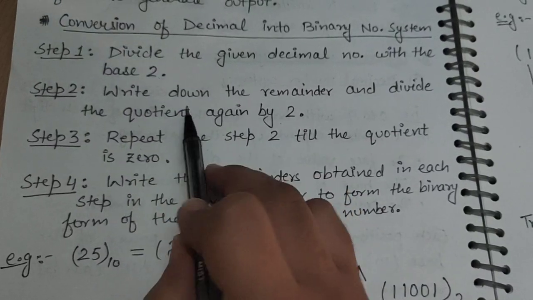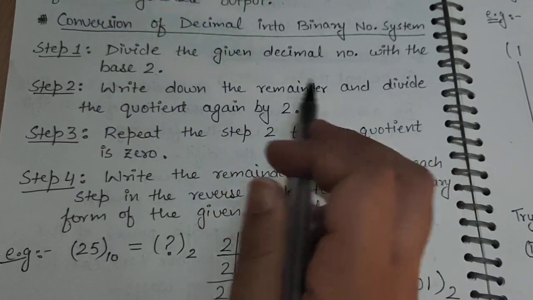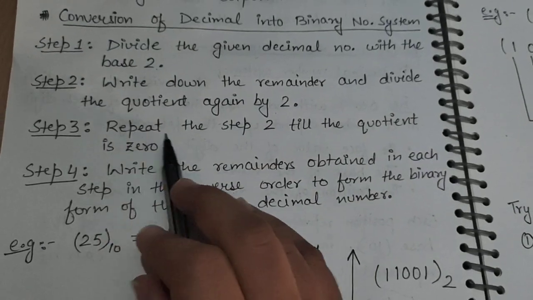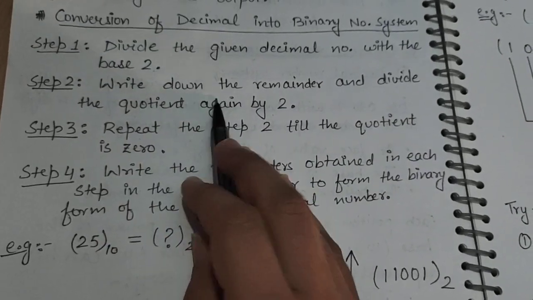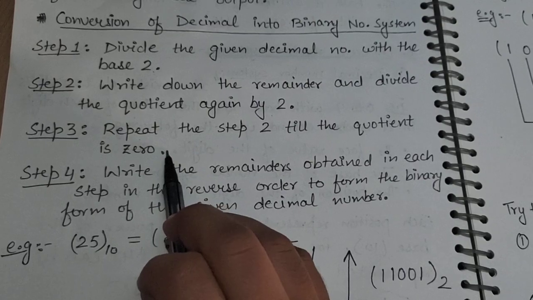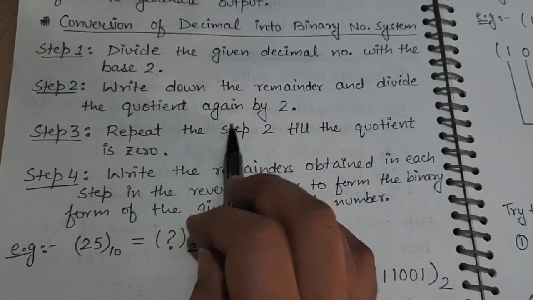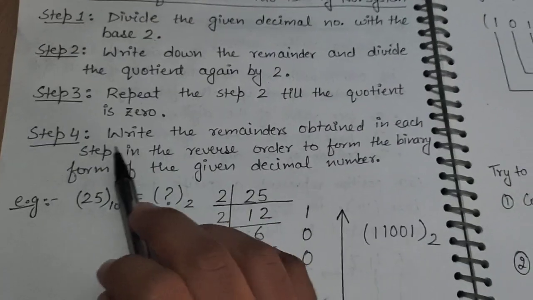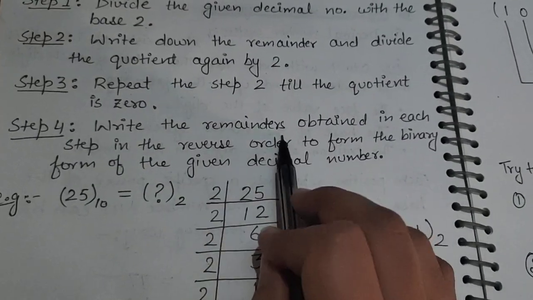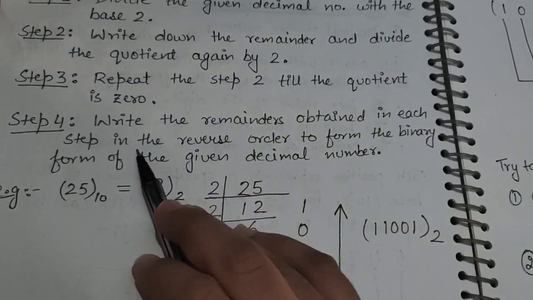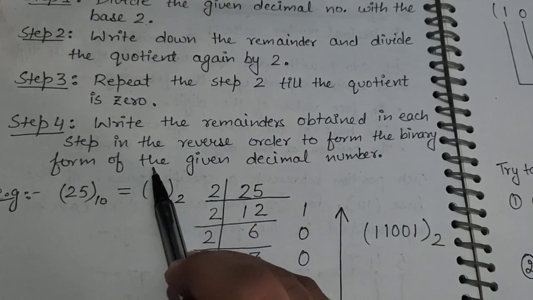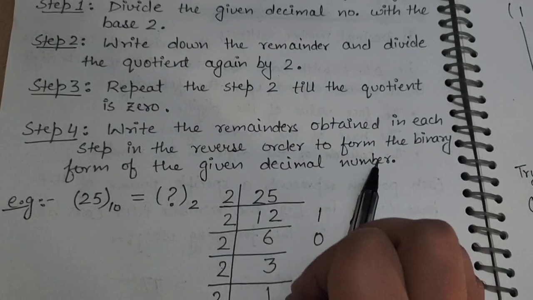Step 3 is repeat step 2 till the quotient becomes 0. And the last step is write the remainders obtained in each step in the reverse order to form the binary form of the given decimal number.